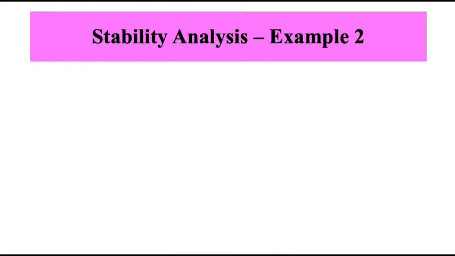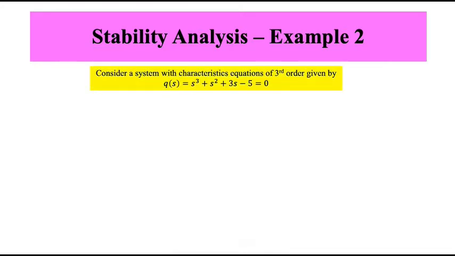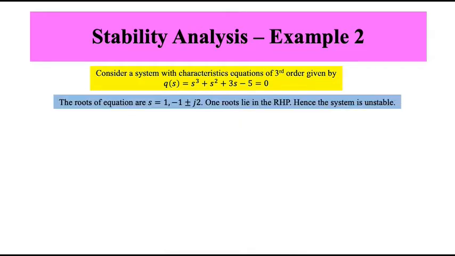Now in case of an unstable system, you have s cube plus s square plus 3s minus 5. So this is again, by inspection, unstable. Let's just verify that with Routh's criterion. I just calculated the roots, one root is positive, so obviously this is an unstable system.